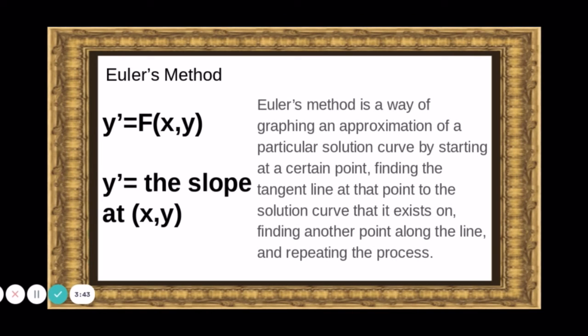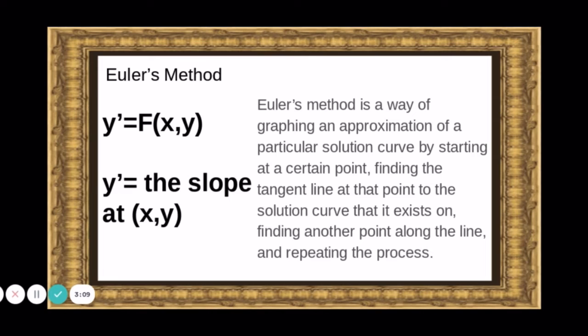But Euler's method is a way of graphing an approximation of a particular solution curve by starting at a certain point, finding the tangent line at that point to the solution curve that it exists on, finding another point along the line, and repeating the process. You start at a certain point, that would be your initial conditions. You find the tangent line at that point, and the slope of the tangent line is given by y prime when you plug that point into the differential equation.